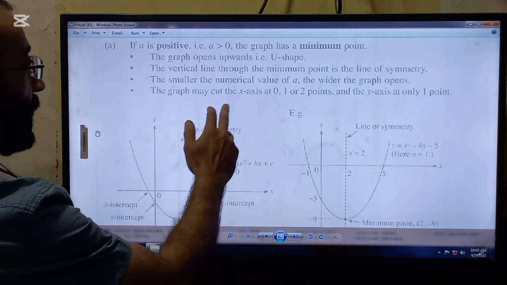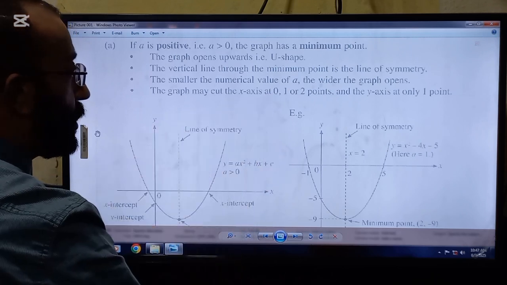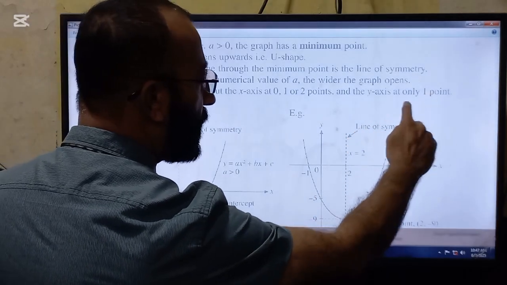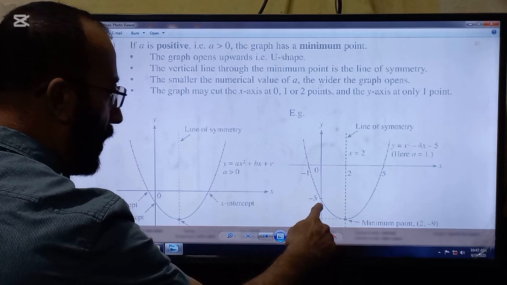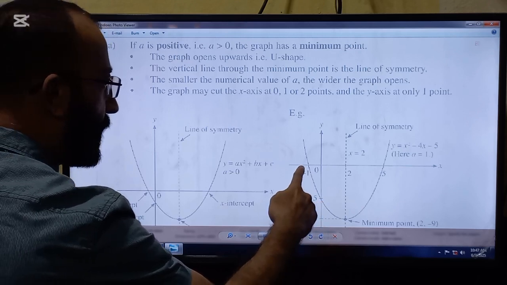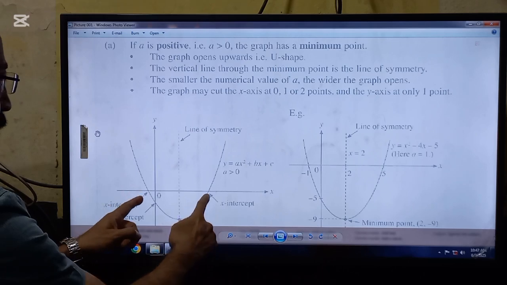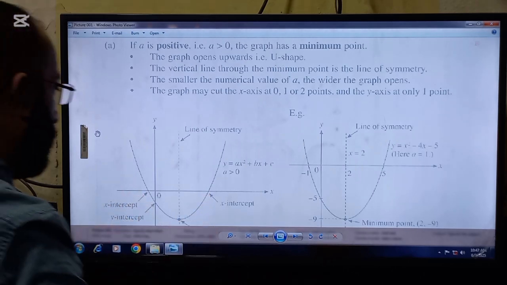The graph may cut the x-axis at no point, at 1 point, and at 2 points, and the y-axis at only 1 point. So look now, y-axis is cut only at 1 point, but x-axis is cut at 2 points.